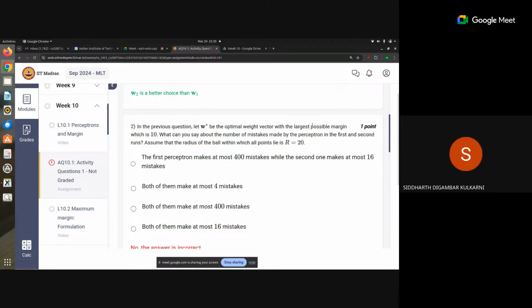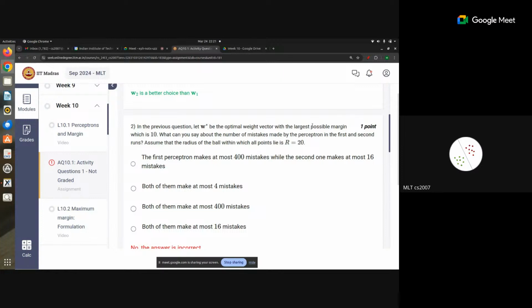Perceptron may not find the optimal W, but we can find it with the support vector machine algorithm. We haven't discussed support vector machines yet, right? We wanted to maximize the margin as much as possible. So with a support vector machine you are able to find the optimal W, but with perceptron we may not.